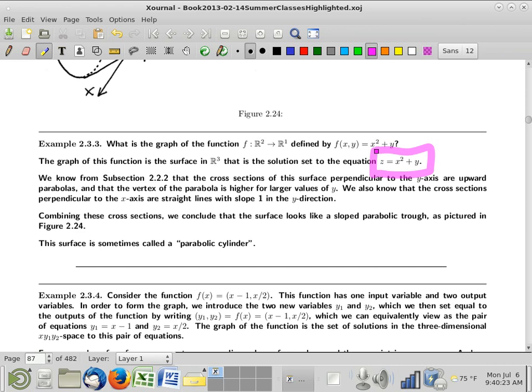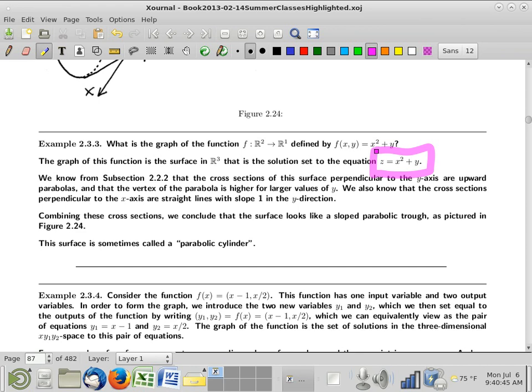This is not a stretched out or translated version of something that we've seen previously. That's a disappointment as well. But we can take cross sections, and if you look at various cross sections, set x equal to various constants, set y equal to various constants, etc., you'll note that the cross sections are parabolas and lines.